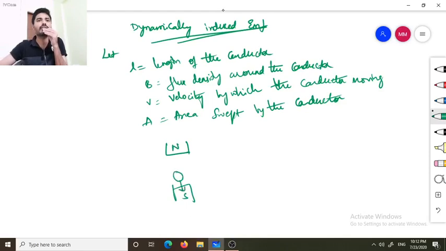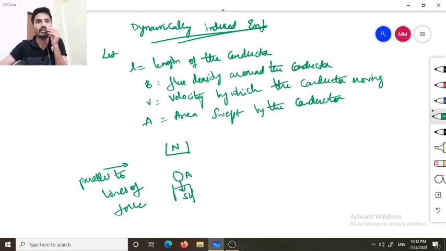The conductor is moving with a velocity v in the direction which is parallel to the lines of force. Here the conductor is moving parallel to the lines of force, then the EMF value is 0.